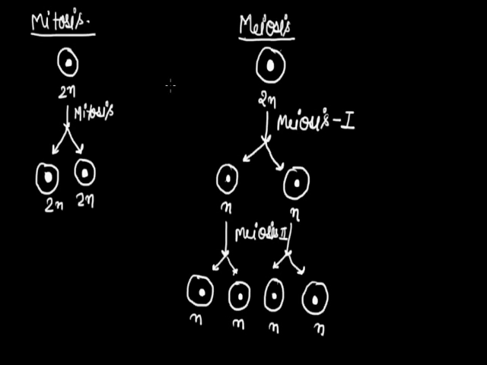It will never occur in a haploid cell, because if a haploid cell divided by meiosis 1, then an n by 2 kind of cell would form, but this is not possible. You can't divide a chromosome into half number, or divide a single chromosome into half threads. So after mitosis, the DNA matter, the chromosomal number, remains the same, while in meiosis, the chromosomal number is halved compared to the mother or parental cell.